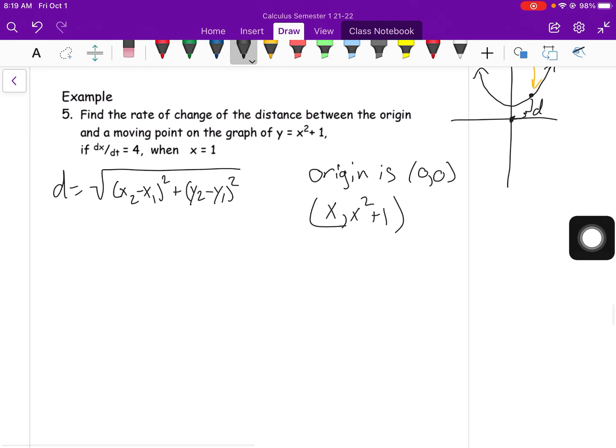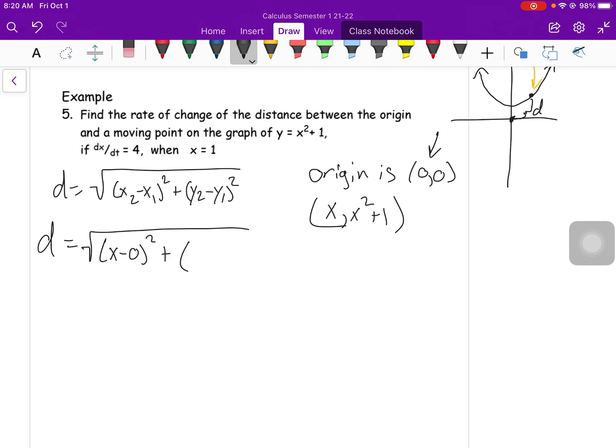Okay, so what I'm going to do is generalize this distance formula by plugging in my origin and these ordered pairs. So I'm going to have the 0, 0 being my x1, y1 because it just makes my life easier. So I've got x minus 0 squared plus, and that x comes from this x. So now instead of y2, I'm going to have x squared plus 1 minus 0 squared.